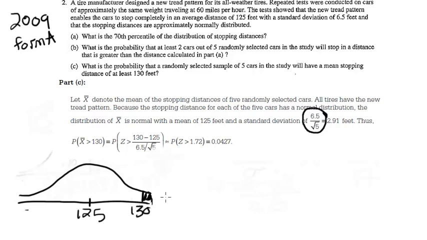And then, actually, no, they got the probability statement right here. X bar is greater than or equal to 130. Then they're solving for the z-score and putting that right in the probability statement. That's absolutely great.